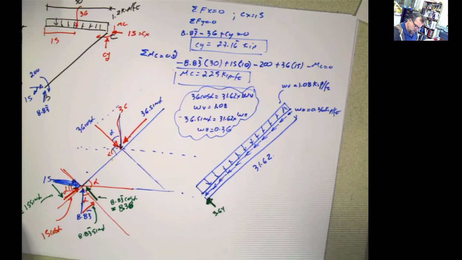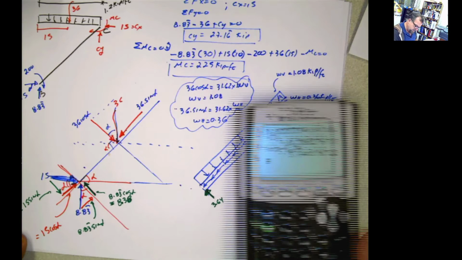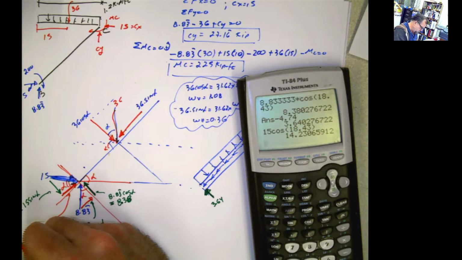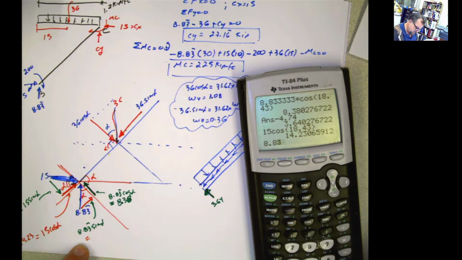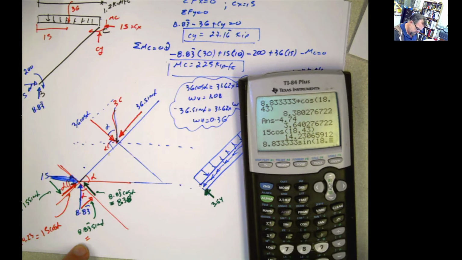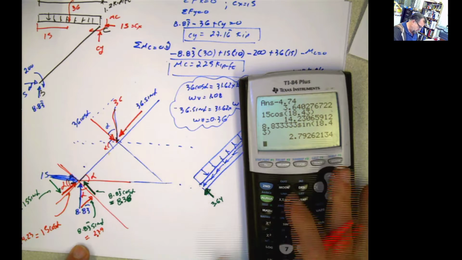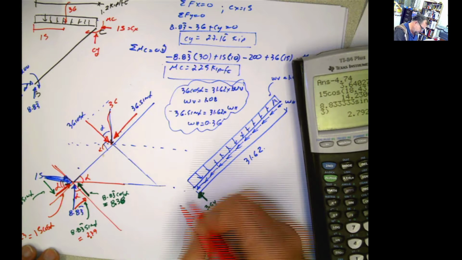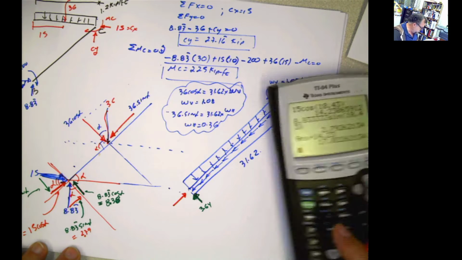Now, when we do the other one, the horizontal one, this one, 15 cosine alpha is 14.23, and this one, 8.83 sine alpha is 2.79, meaning these two are going in the same direction, so they're going to be added together, and this is going to be plus 14.23, 17.02.